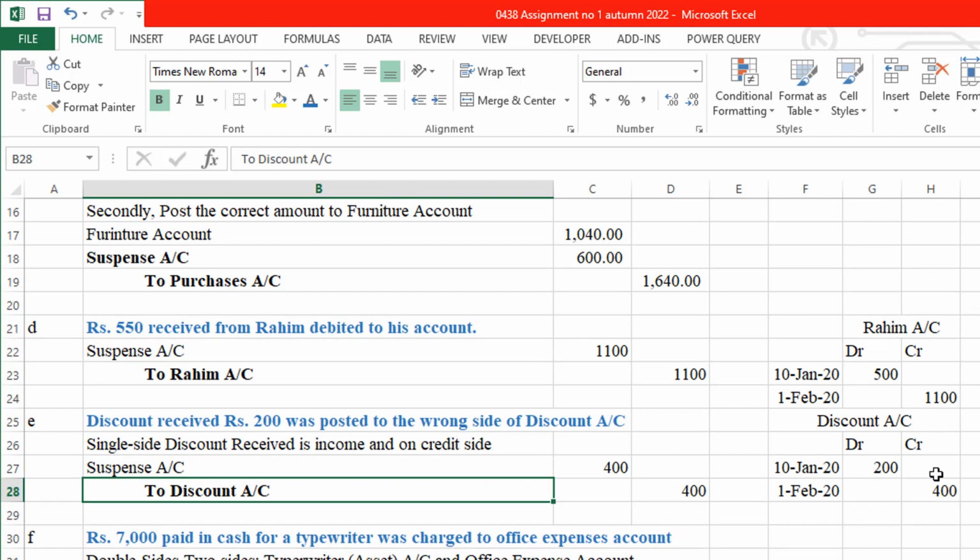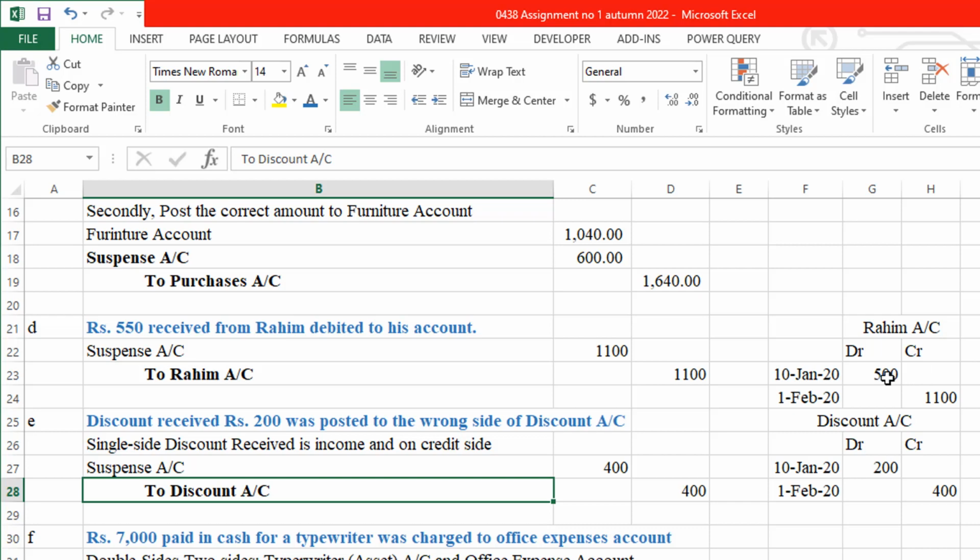Look at this. I am going to make a Rahim account here as per this transaction, debit side and credit side. Look at it. On 10th January we have passed this entry on debit side, which is wrong because we have received cash from the Rahim, so it should be placed on the credit side, but we wrongly posted in debit side. It means it will increase the liability of the Rahim.